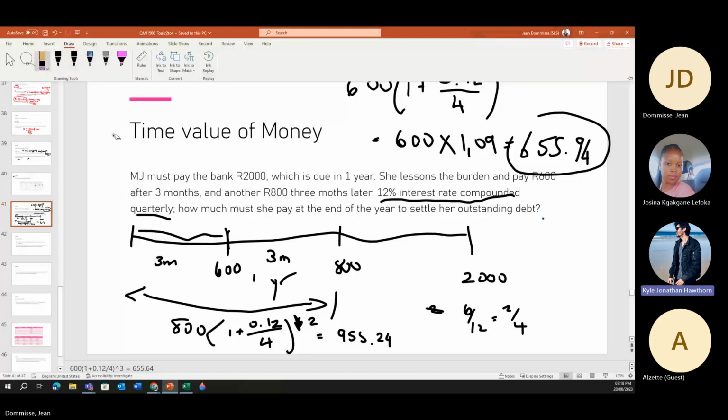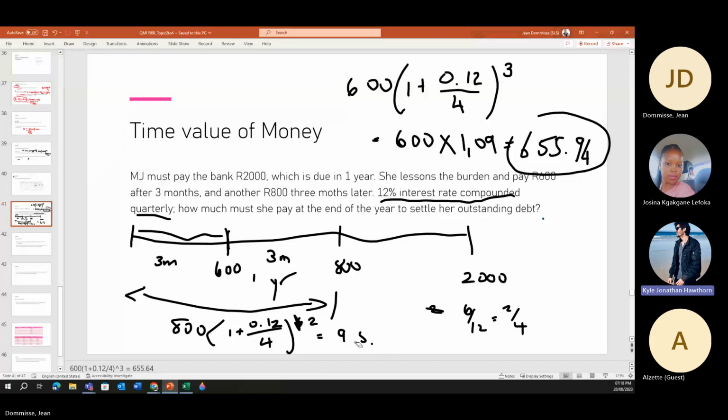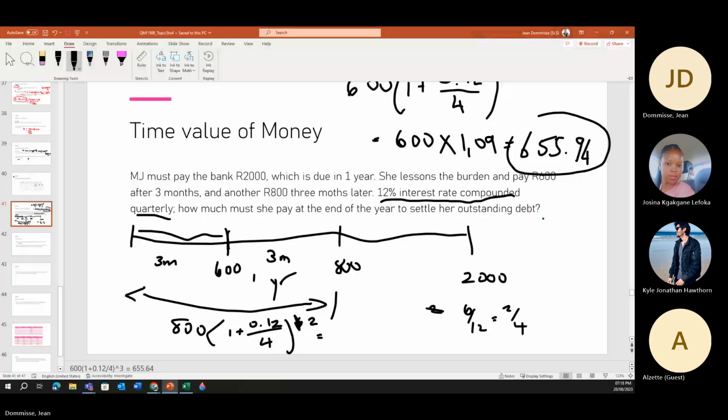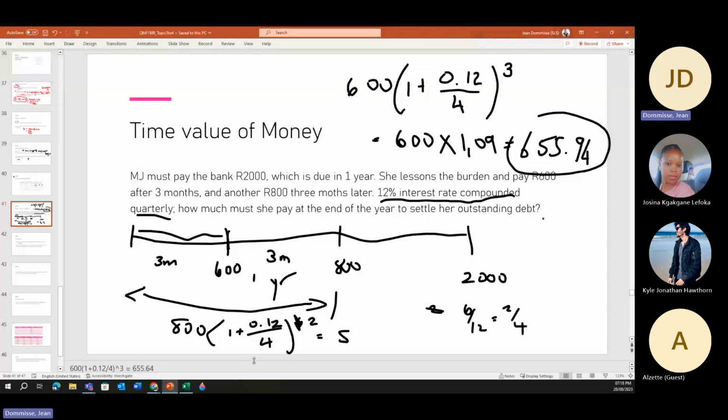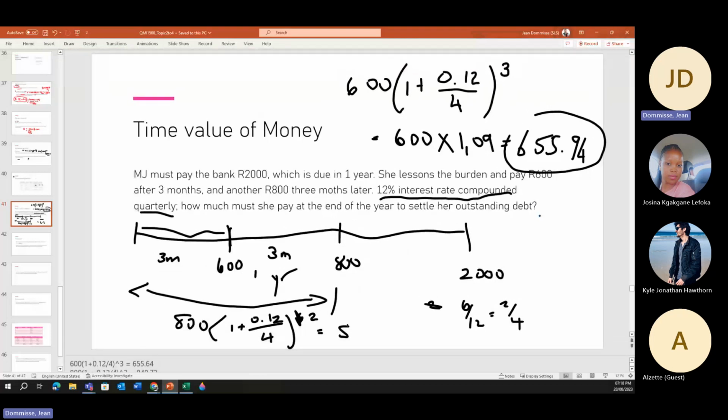But then in the first calculation, we raised it to the power 3. Does that not mean the equivalent of 3 quarters? Yeah, so I'm going to quickly show you what was supposed to happen and explain that again. Let me just take this away and then explain again.